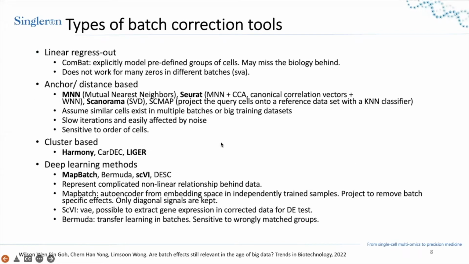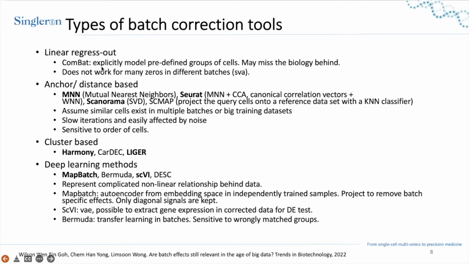If we break them down, there are several different categories of tools that can be used for batch correction. One of the earliest tools uses the linear, or more like the regress-out, methods, for example ComBat. It has empirical Bayesian statistics behind it, and when using this tool, it explicitly models the predefined group of cells.